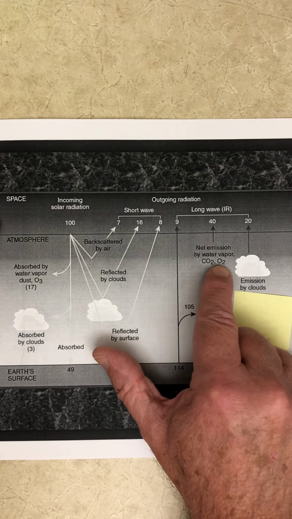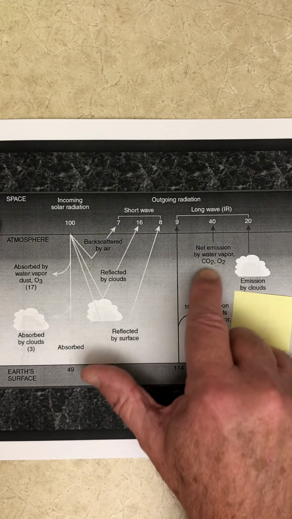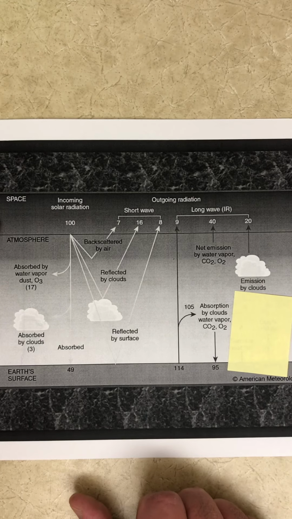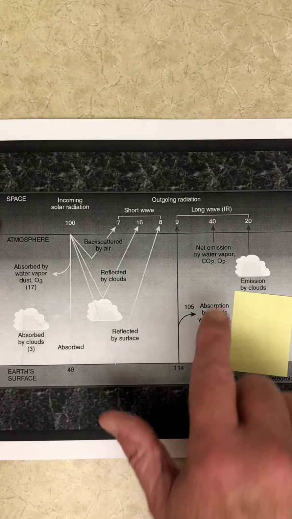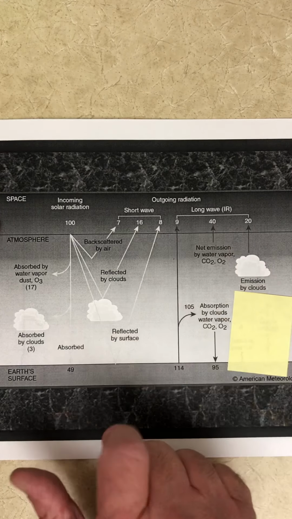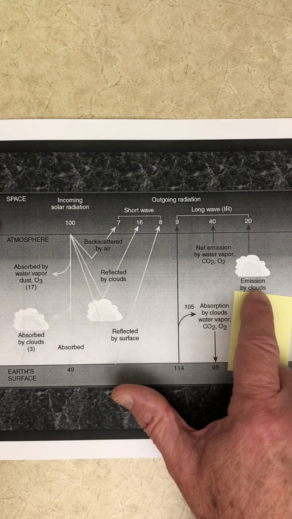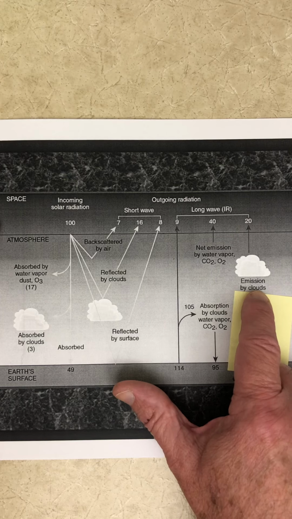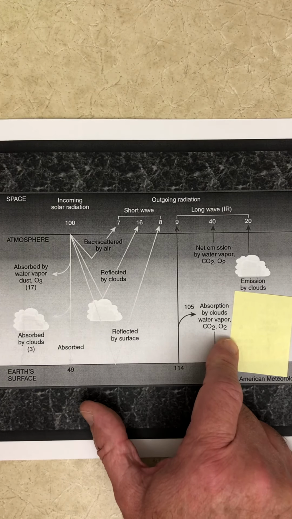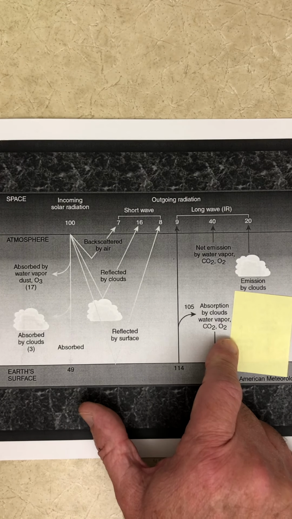We also have to take into account water vapor, carbon dioxide, oxygen, all the atmospheric gases emitting energy out to space. That accounts for 40 units, and clouds are a big emitter of terrestrial infrared radiation. Clouds will emit 20 units of infrared radiation.